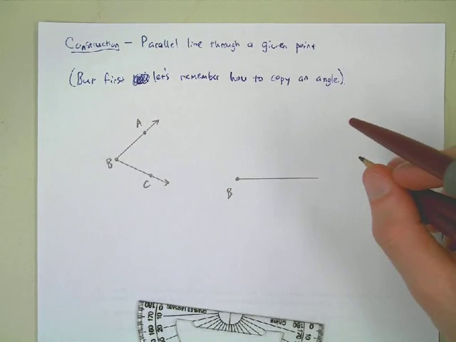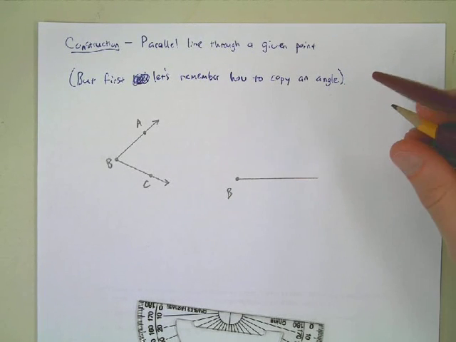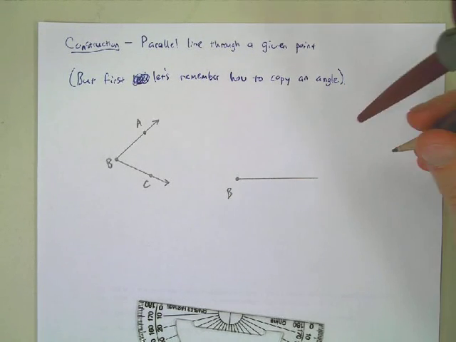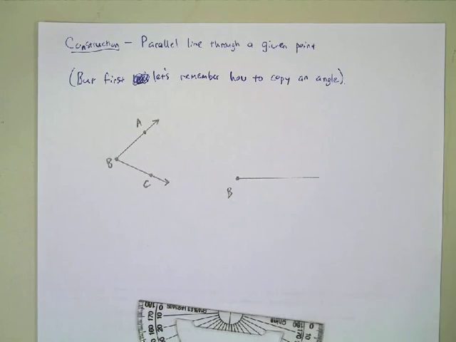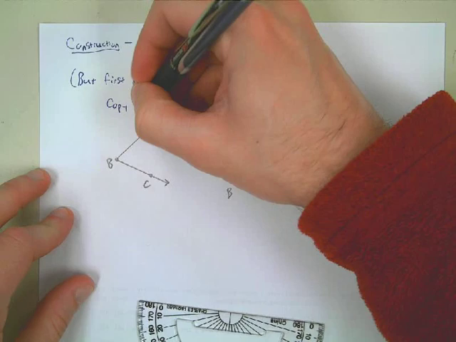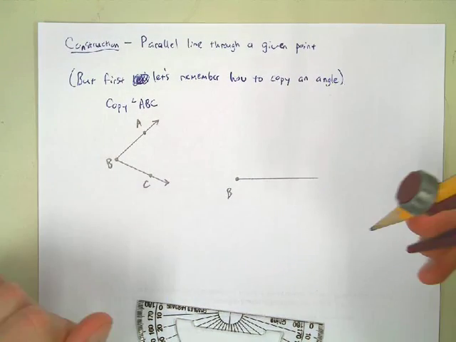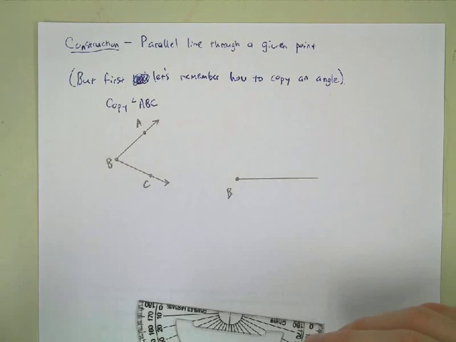And so again, if we're going to copy angle ABC, that's what we're going to do here. Anytime we do any construction with an angle, we always start by putting our compass on what? Where do we always put the point of our compass anytime we're doing a construction dealing with an angle? On the vertex. Yeah, exactly right.